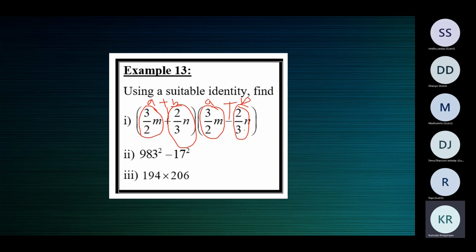So the question is of the form a plus b into a minus b. So the answer is a square minus b square. If the question is a square minus b square, then the answer will be a plus b into a minus b. It's like that.